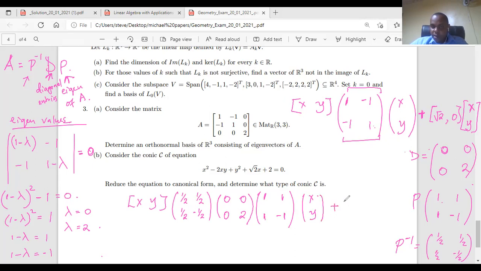And then plus square root 2, 0, 0, x y, plus 2, which is the constant, equals 0.